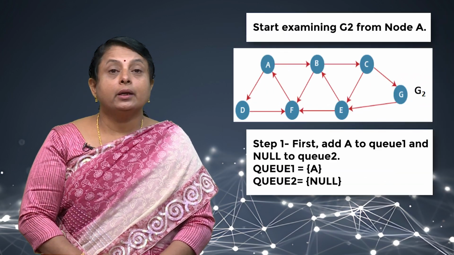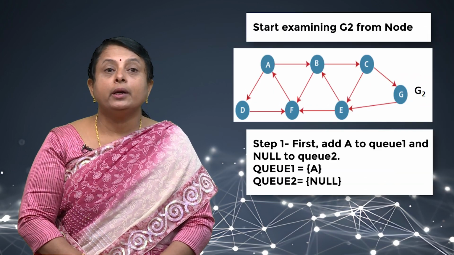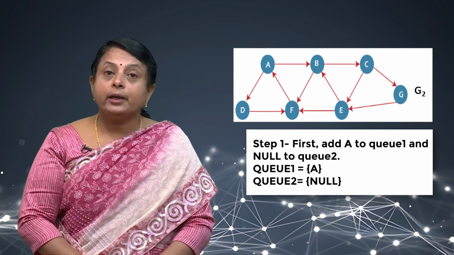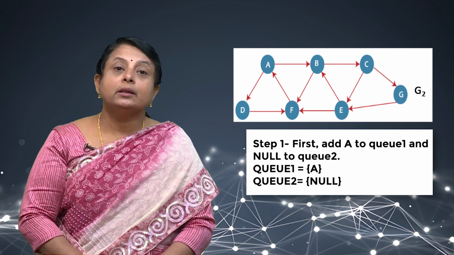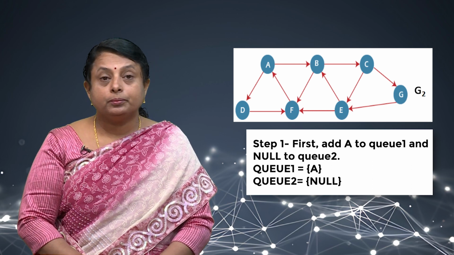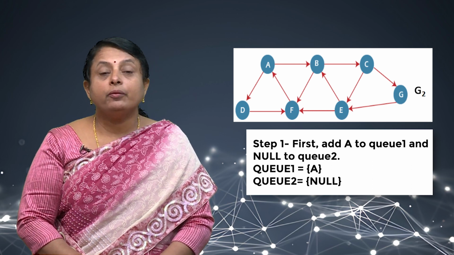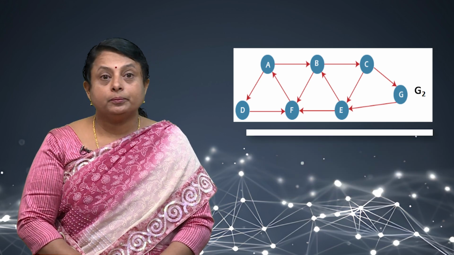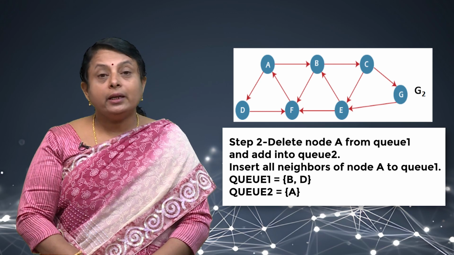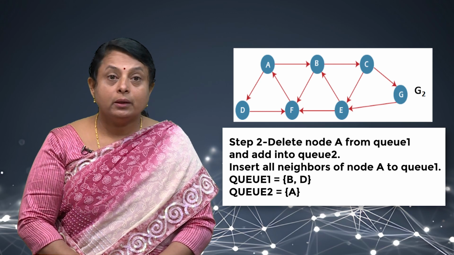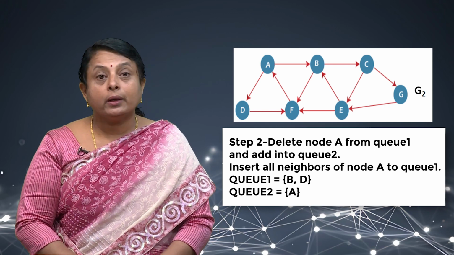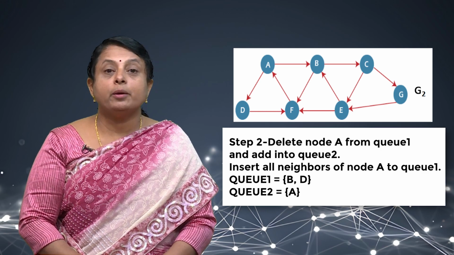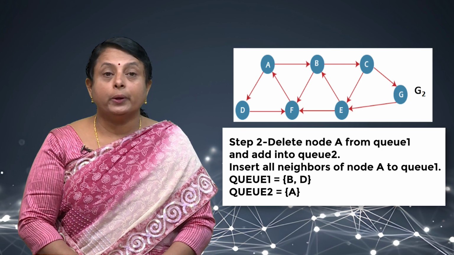Start examining the graph starting from node A. Step 1, first add A to Q1 and null to Q2. That is, Q1 will be equal to A and Q2 will be equal to null. Step 2, delete node A from Q1, that is DQ Q1, and add it to Q2. Insert all neighbors of node A to Q1.